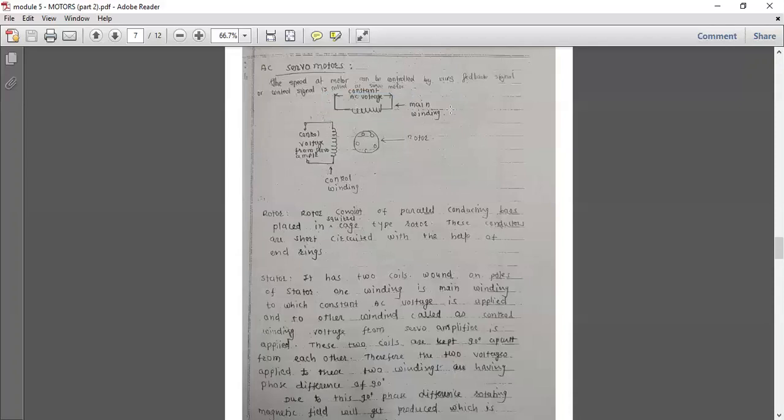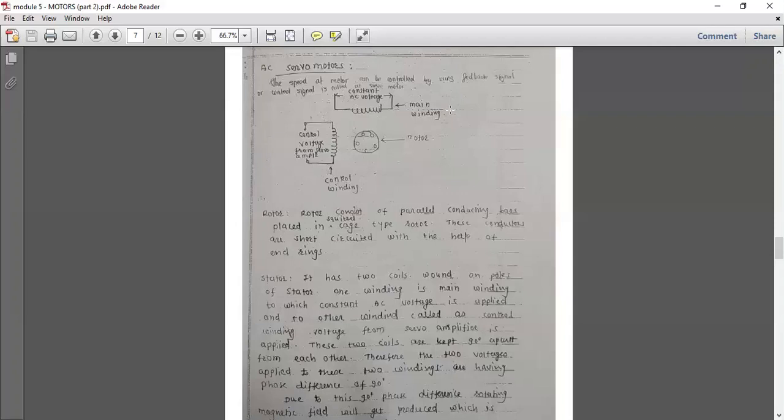The AC voltage is a constant voltage. For example, say 230 volts is coming to this main winding. So it will have a constant voltage. It is not that it will be 5 volts, then 6 volts. So this is a constant voltage connected to the main winding, which is related to the stator. And the other winding you can see over here is called the control winding, which takes the control voltage.